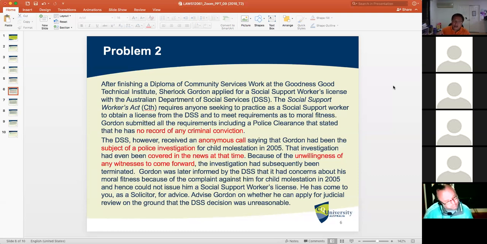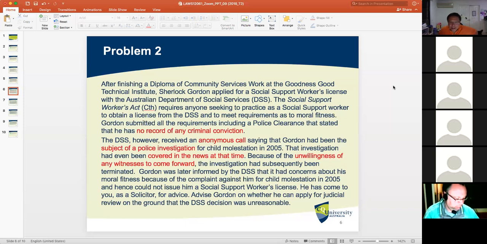The only time when a decision can be invalidated is when there is really no evidence, because an absence of evidence means that the decision is invalid. It is unlawful, because every decision has to be based on evidence. But if there is evidence, even if it is one that wouldn't have been accepted in a court of law, that is still evidence that is accepted.